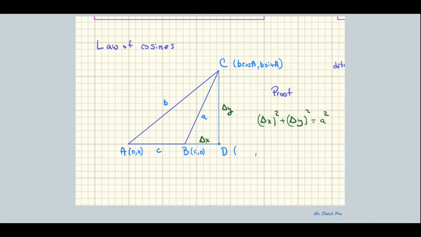The x coordinate of D is actually up there. The y coordinate of D is really easy. What's the y coordinate of D? Everybody be able to tell me what the coordinate of D is. This point here, D. What's the y coordinate?